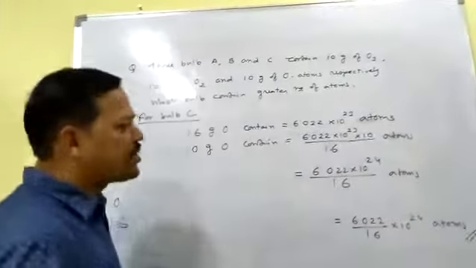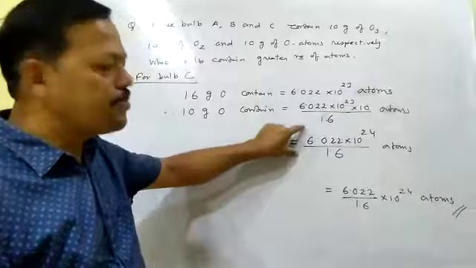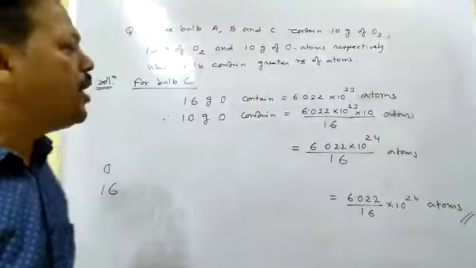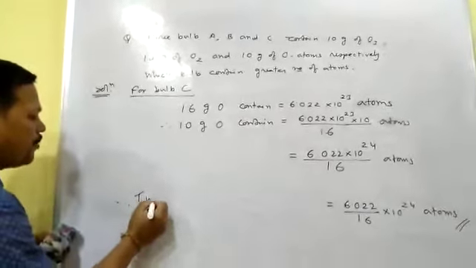So ultimately you have seen bulb A, bulb B and bulb C contain an equal number of atoms.